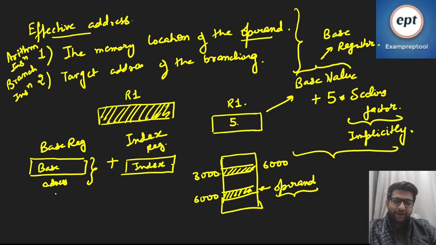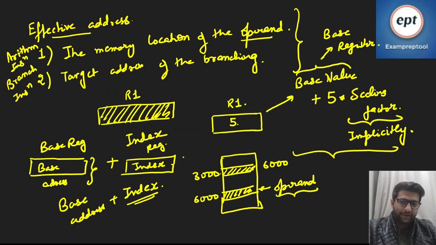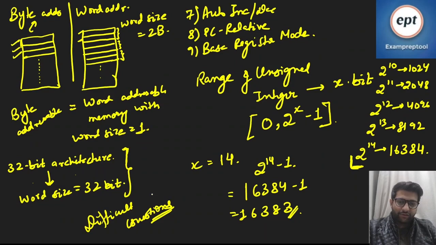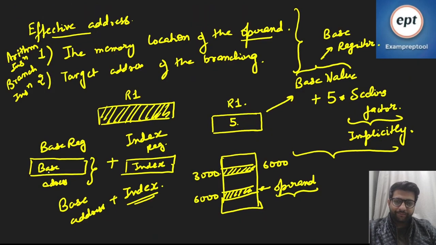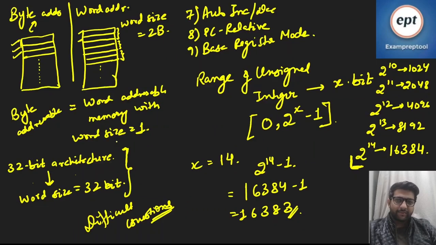We get the effective address using the formula base address plus the index value. So here, R2 is our base register, and this 20 is a constant that we add to get to a particular index. That is why option D is correct.